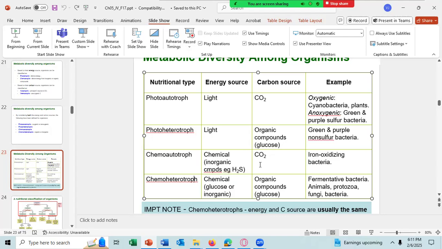So note that the chemosynthetic bacteria can be either a chemoautotroph or a chemoheterotroph, depending on where they're getting their carbon from. If they get it from CO2, the chemosynthetic bacteria is a chemoautotroph. If they get it from glucose, then that chemosynthetic bacteria is a chemoheterotroph.